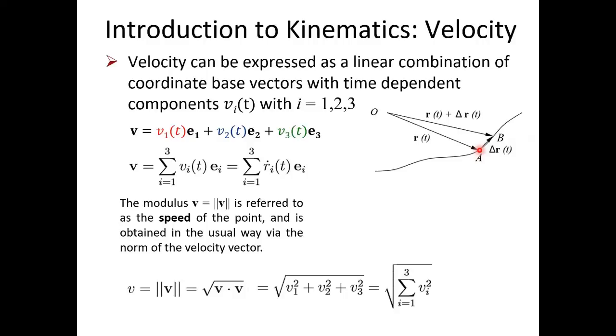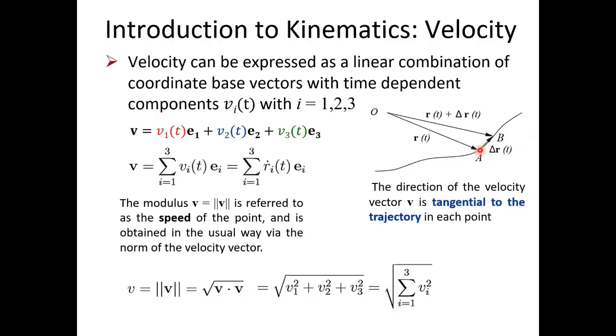So the velocity vector v is always tangential to the trajectory at each point of concern.